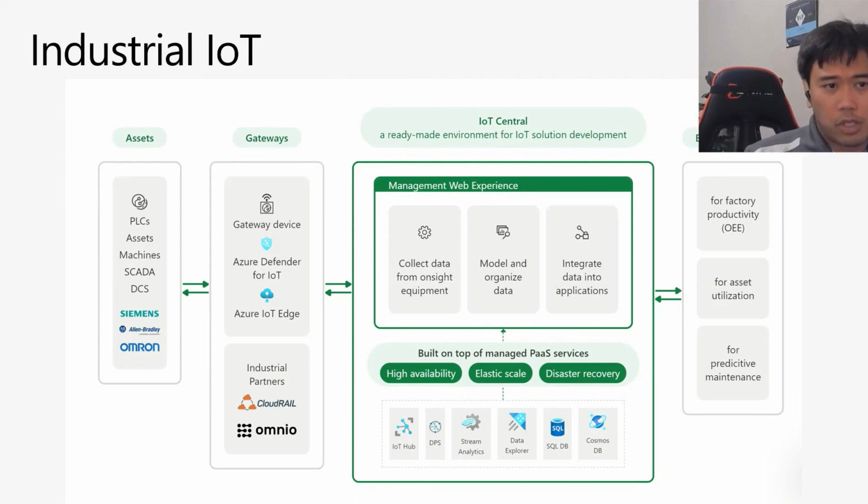You're not just limited to what you can do with IoT Central. If you have devices that have different communication, you can have a gateway that talks to those assets. So SCADA machines, some of those. And then you can go through the gateway to communicate to IoT Central, and then get some business insights from there.